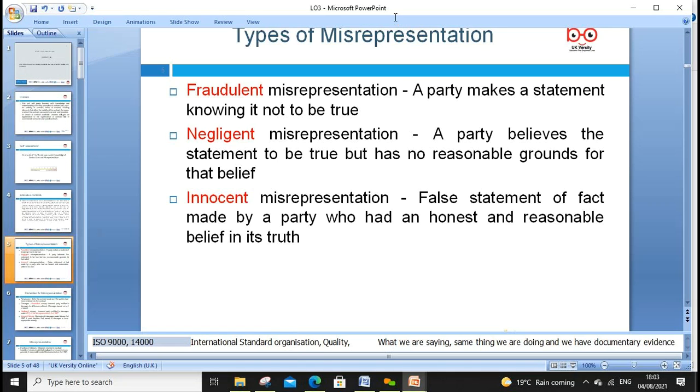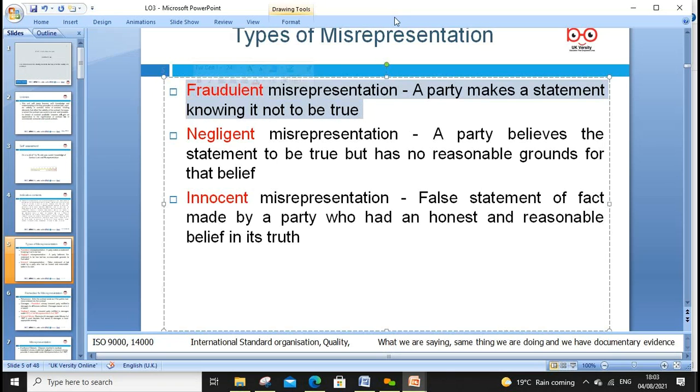So fraudulent misrepresentation is when a party makes a statement knowing it is not true. I know this is not true, but I'm telling people it is true. The other is negligent misrepresentation, where a party believes the statement to be true but has no reasonable grounds for the belief.